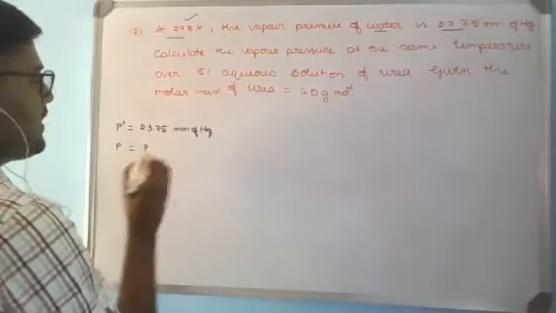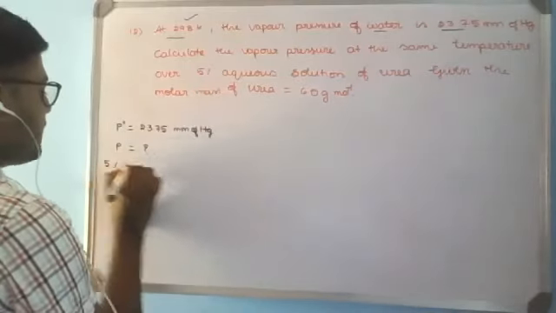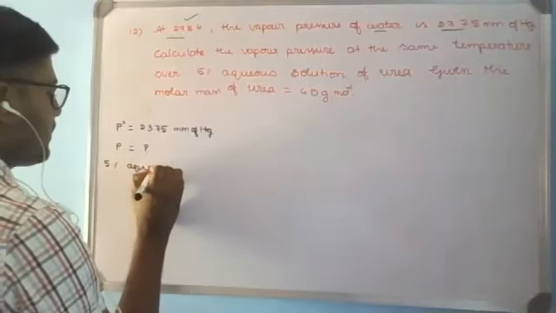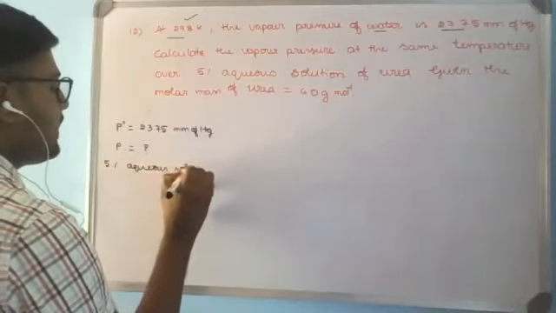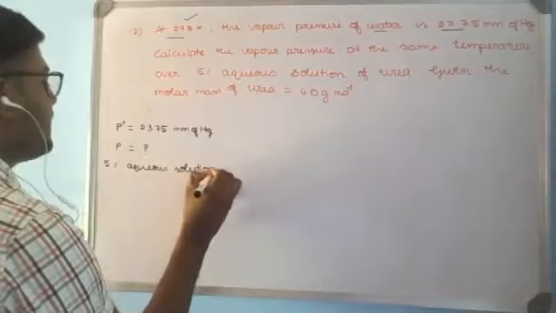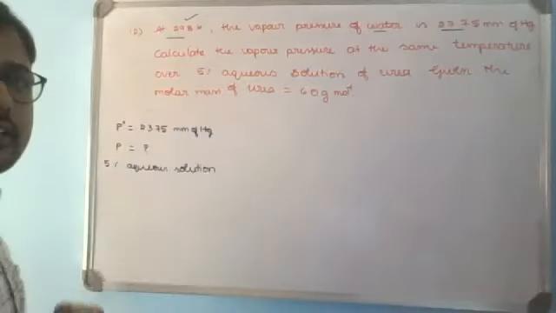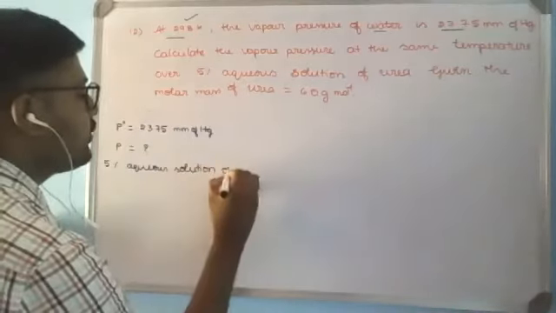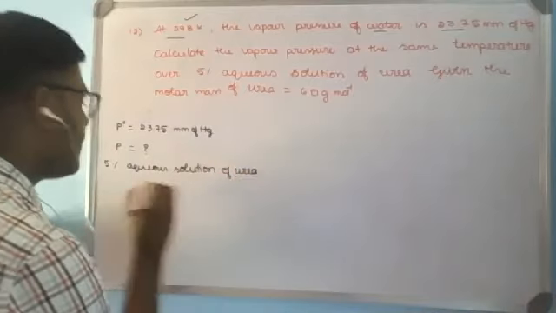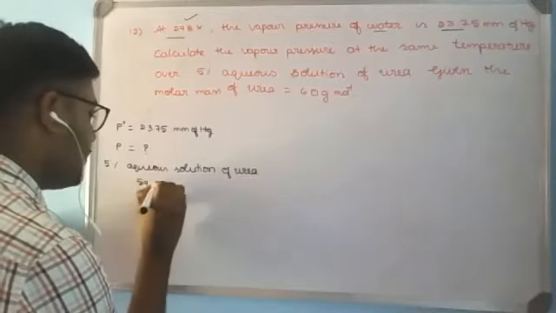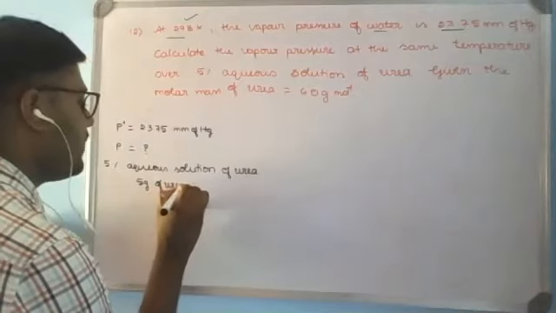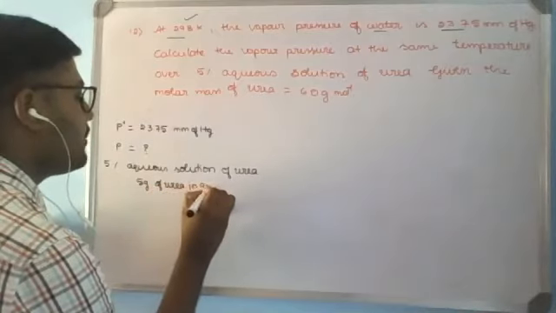The solution is 5% aqueous solution. As we require mass, we'll consider that percentage as mass to mass percentage. 5% aqueous solution of urea refers to 5 grams of urea in 95 grams of water.